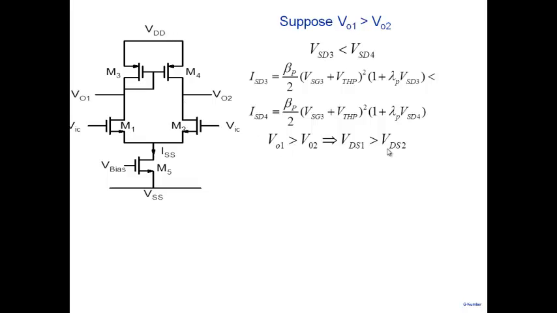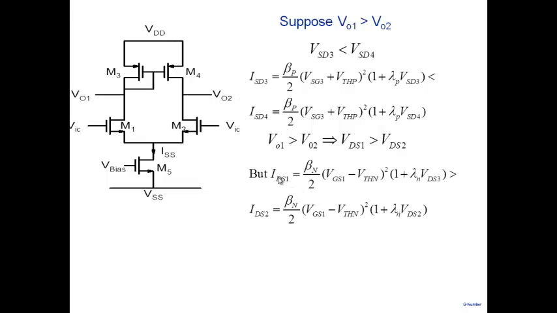So now if I look at M1 and M2, the current in M1 is 1 plus lambda VDS1 here, and the current in M2 will be with VDS2 here. Because VDS1 is greater than VDS2, what we are saying is IDS1 is greater than IDS2.